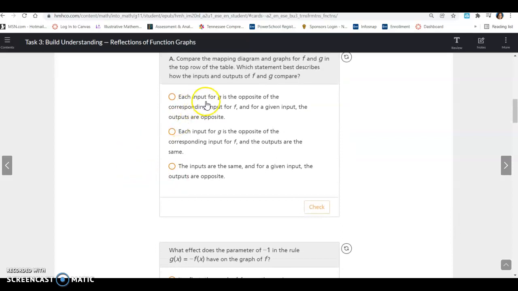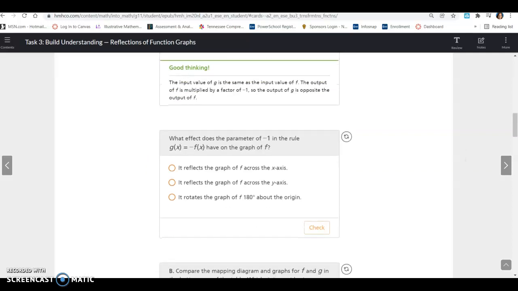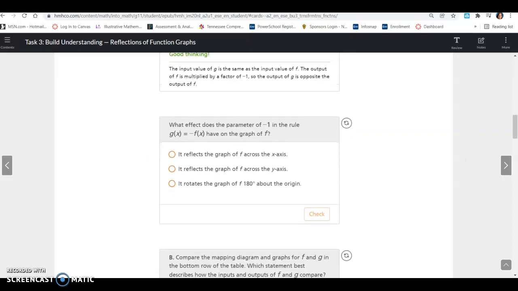Alright, so each inputs are the same, and for a given input, the outputs are opposite. So that is true. And then it says, what effect does the parameter of negative 1 in the rule g of x equals negative f of x have on the graph? Okay, again, it's a reflection across the x-axis.